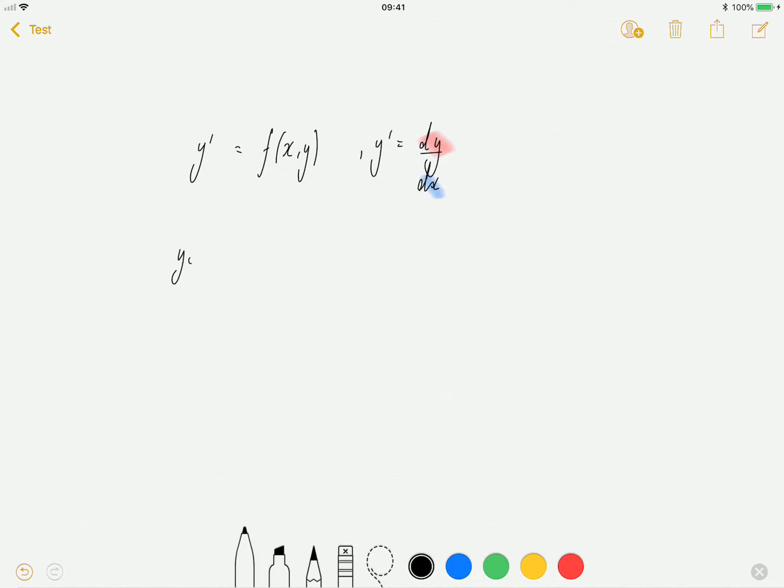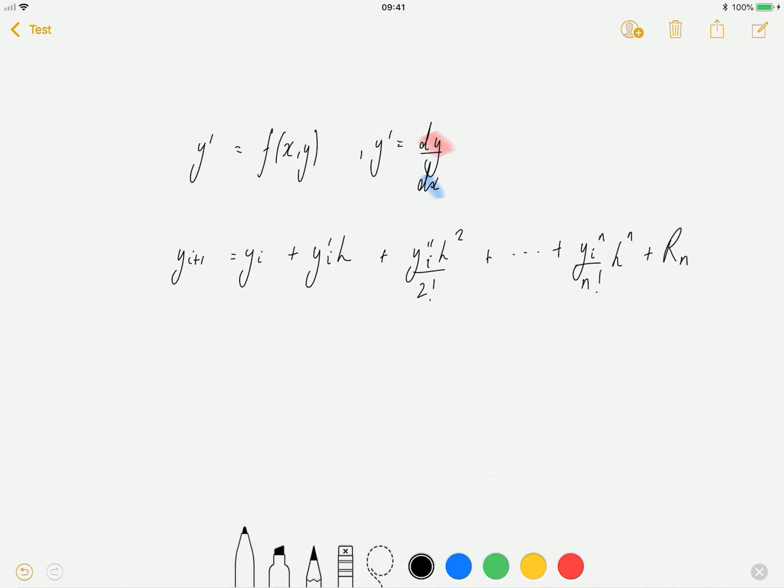So y of i plus 1 is equal to y of i plus y prime at i, the derivative of y, multiplied by our step h, plus the second derivative at i, h squared over 2 factorial, and we can carry on all the way to some nth order, the nth derivative over n factorial multiplied by h to the power of n, plus another remainder term.